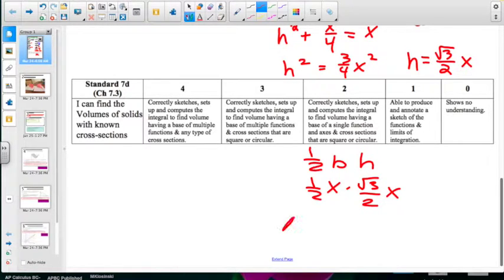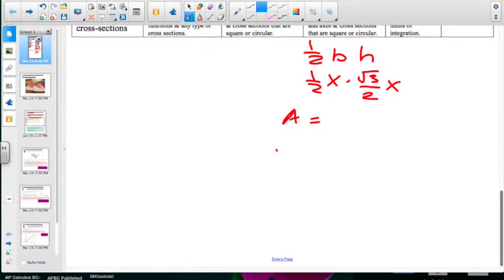So our area here is 1/2 x times, what's half times square root of 3 over 2? Awesome. Way to jump in. So there's the area of an equilateral triangle: square root of 3 over 4 times x squared, x being the length of the side.